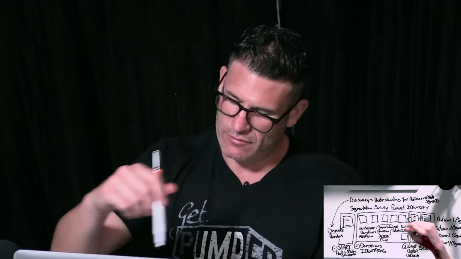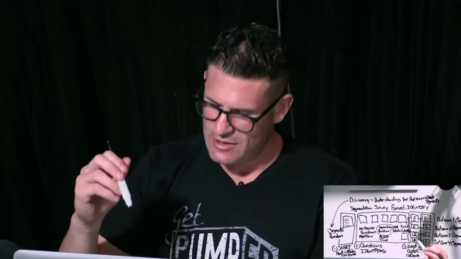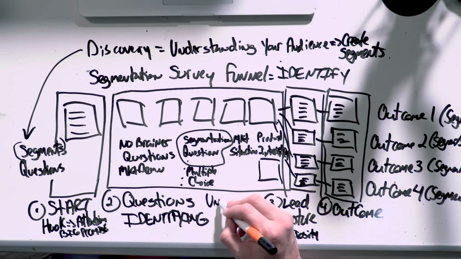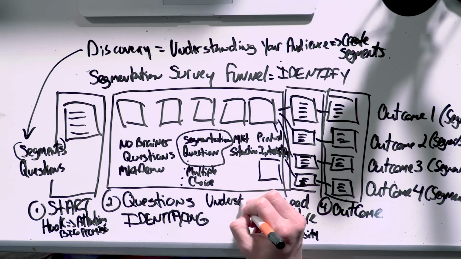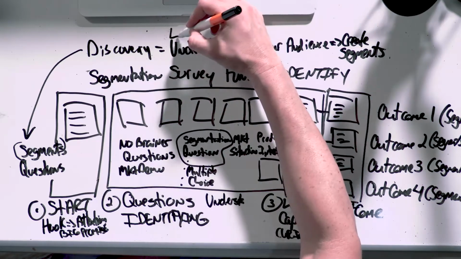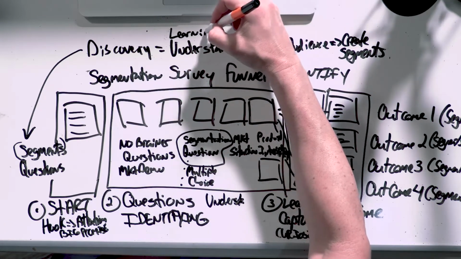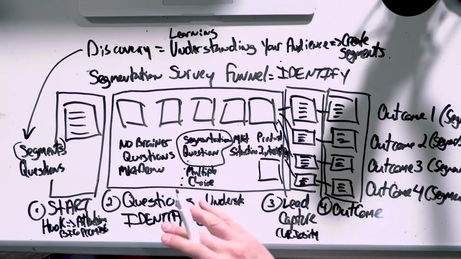So you have your hook, you land on your lead capture page. I'll get into more detail on this later. But now what you're doing is showing that you understand them, right? Here you're learning, you're understanding what their issues are.